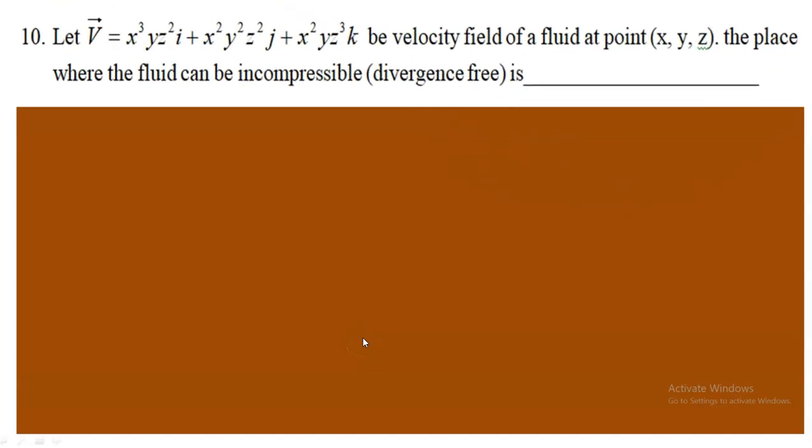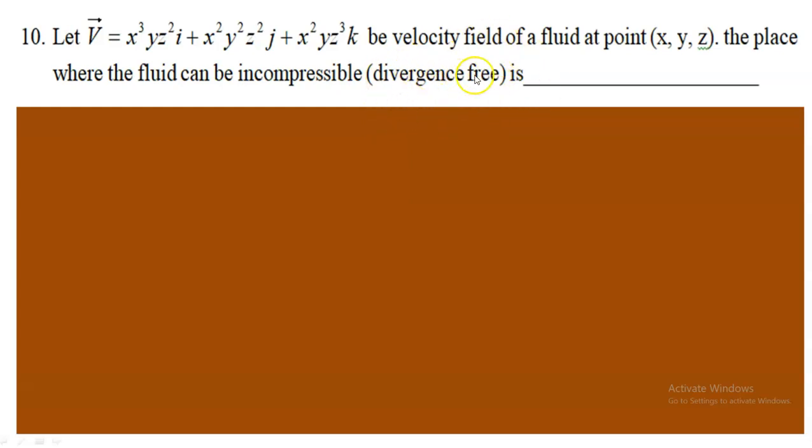What comes next is question number 10. You are given a certain velocity field here, students. At any point xyz, the velocity field is given by this expression, and you are asked to find a place where the fluid is divergence free.